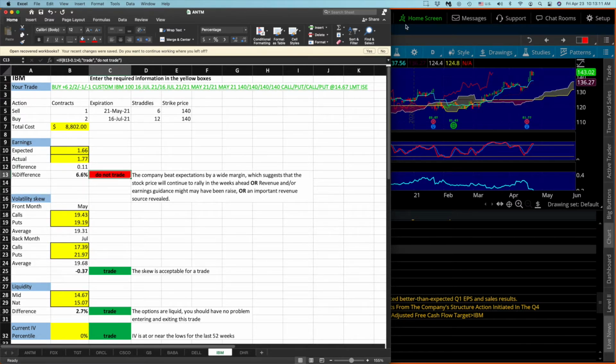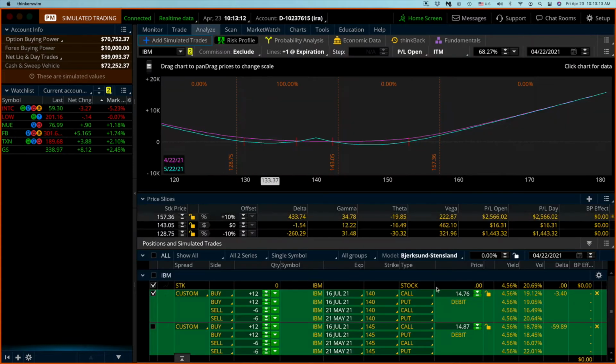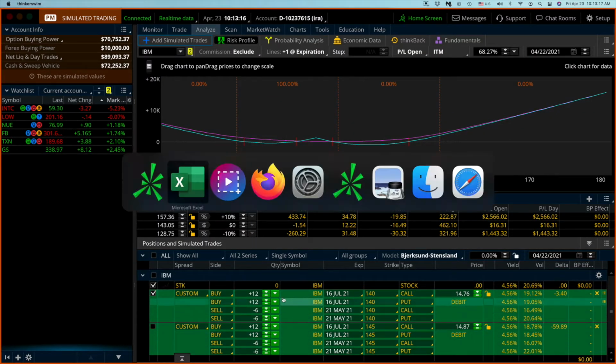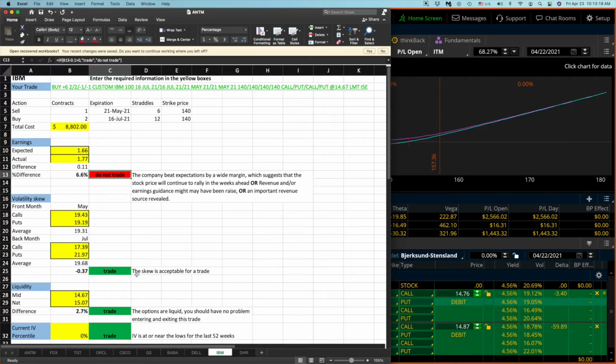Okay, let's go take a look at the trade, Analyze tab. Okay, so we enter these numbers here, and it's changed a little bit, but not by much. 19, 19, back month. Okay, let's enter this again.